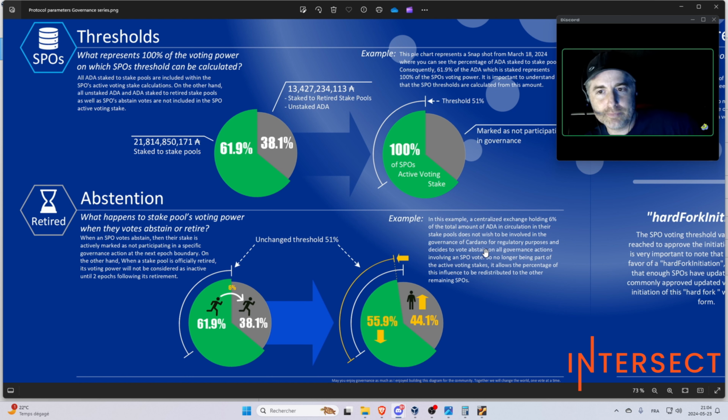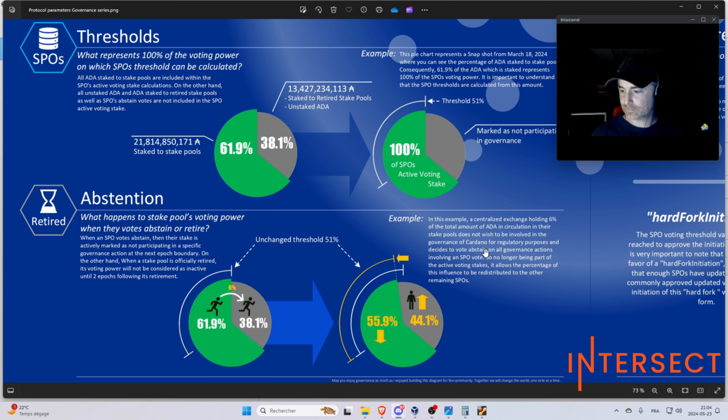Correct? Yes, that's correct. And that still bugs me because first of all, it's like double voting, right? Because that ADA is actually being delegated to someone else to vote. Yep.